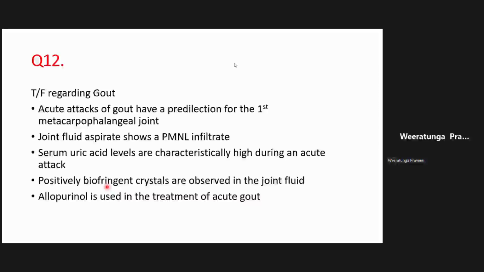Another very important MCQ point is that serum uric acid levels may be normal in a flare-up of gout. That is important. They are usually normal in a flare-up of gout.